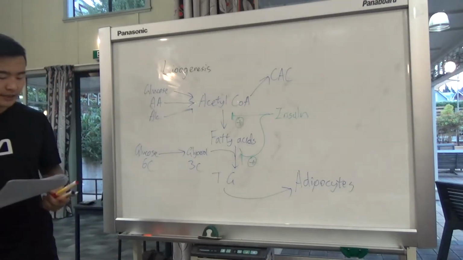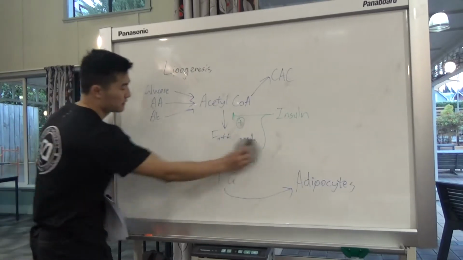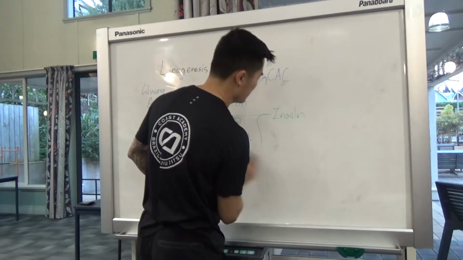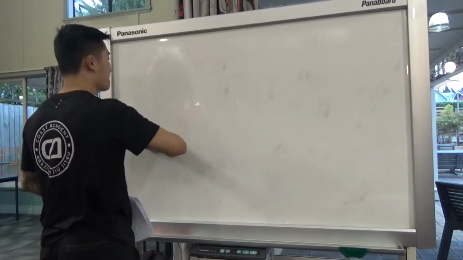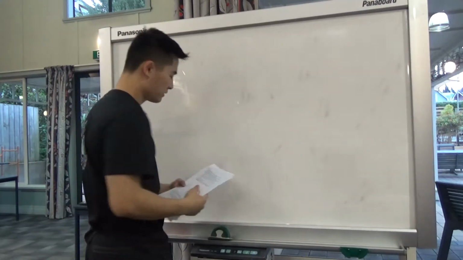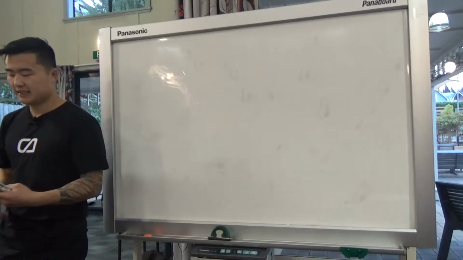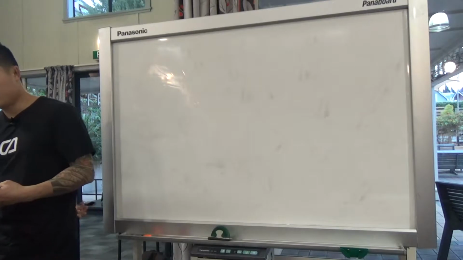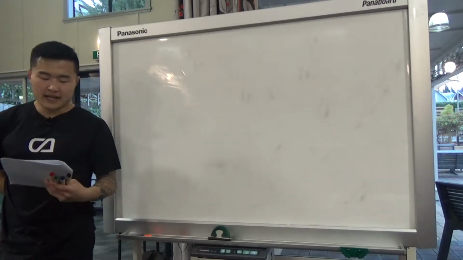So we'll move on to the next page, fat mobilization. The triacylglycerol in adipose cells can be hydrolyzed into 3 fatty acids and a glycerol molecule by a lipase.